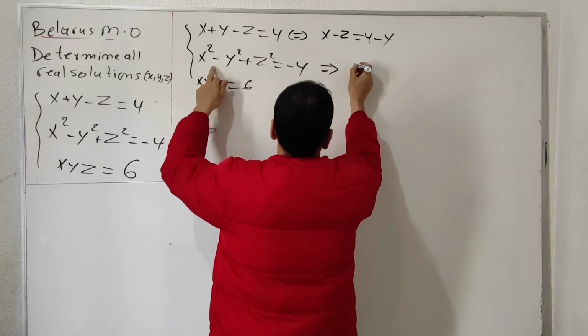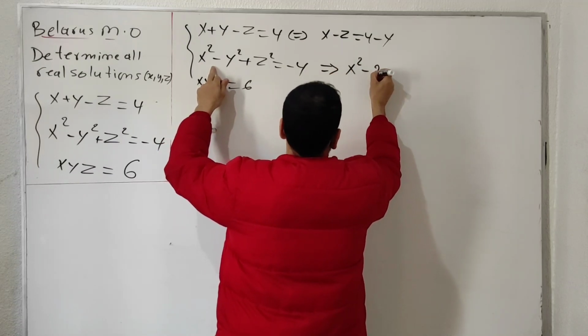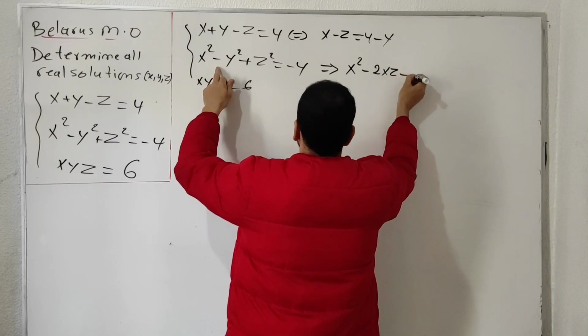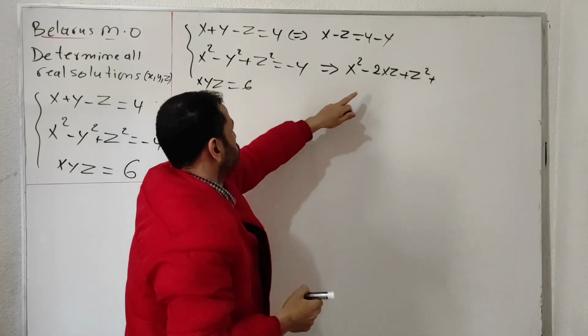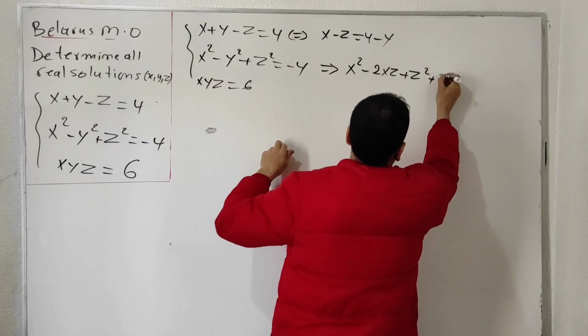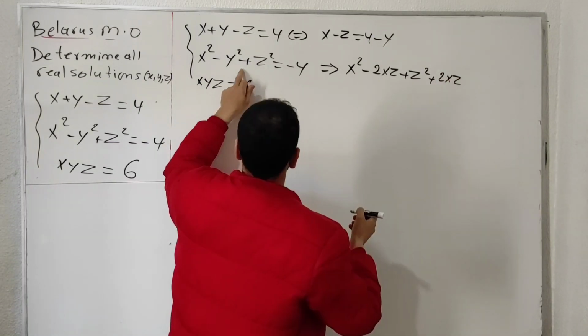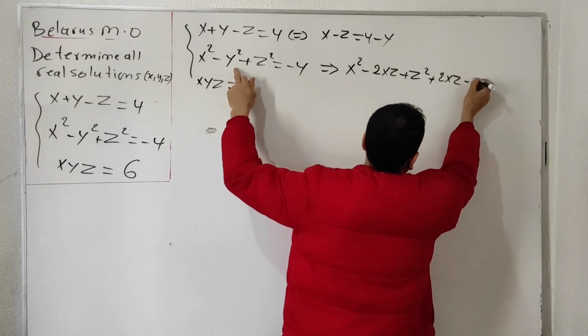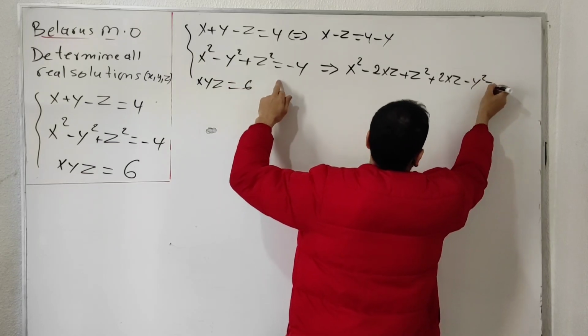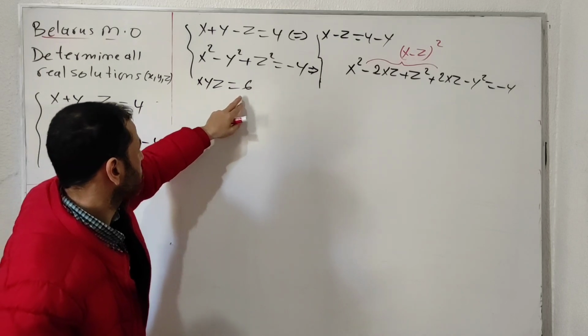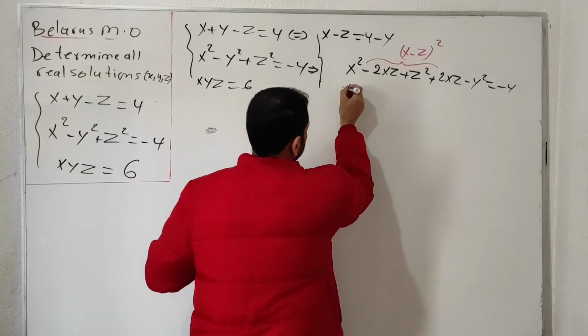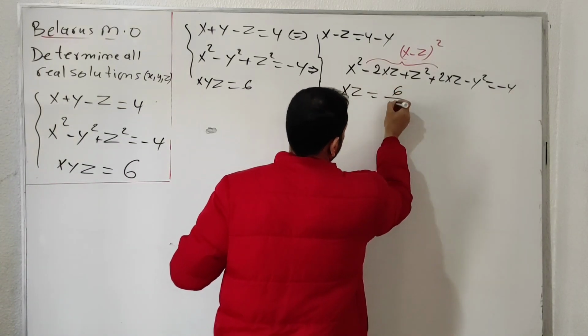The second equation becomes x squared minus 2xz plus z squared. I'm going to add this term because I already subtracted it, so we will have plus 2xz minus y squared equals minus 4. Then I'm going to write xz equals 6 over y.